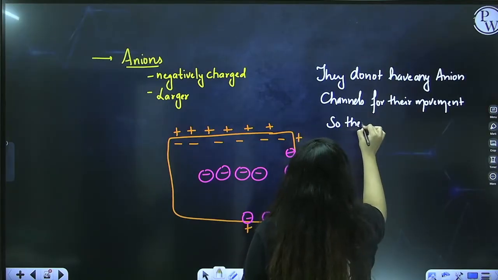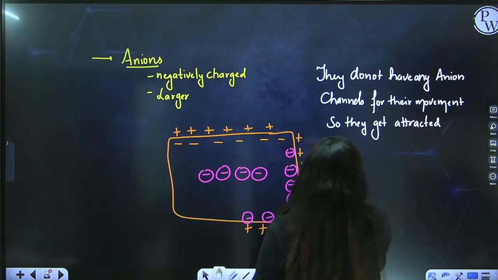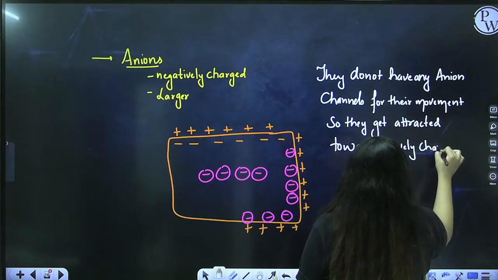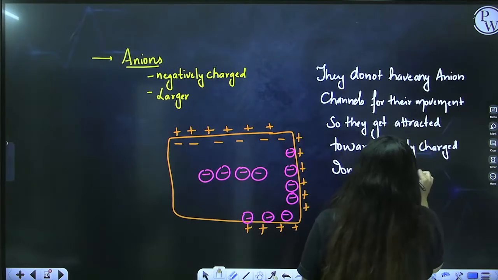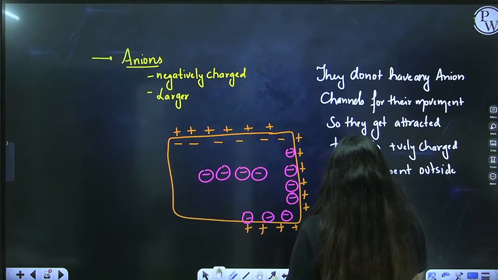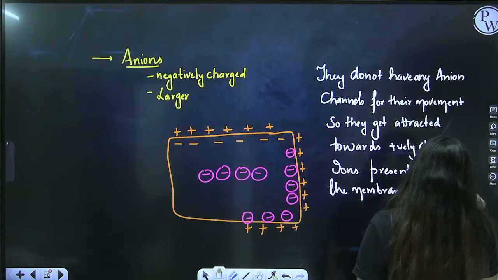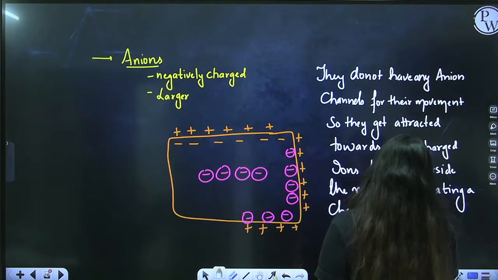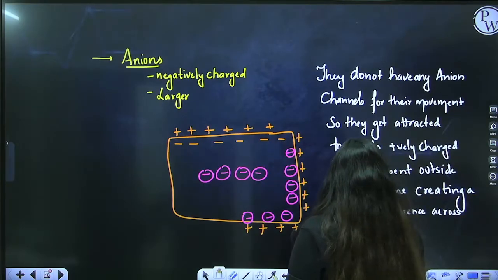So they get attracted towards the positively charged ions present outside the membrane, creating a charge difference across the membrane.